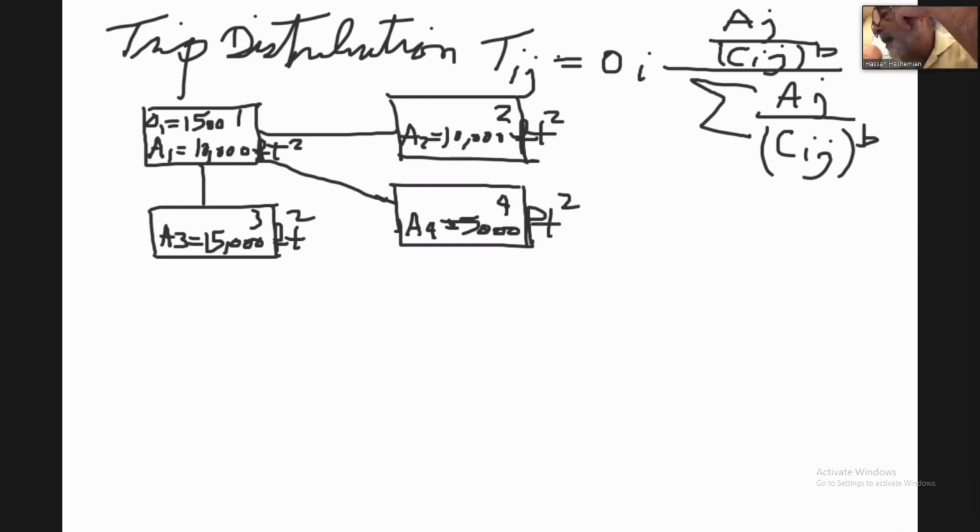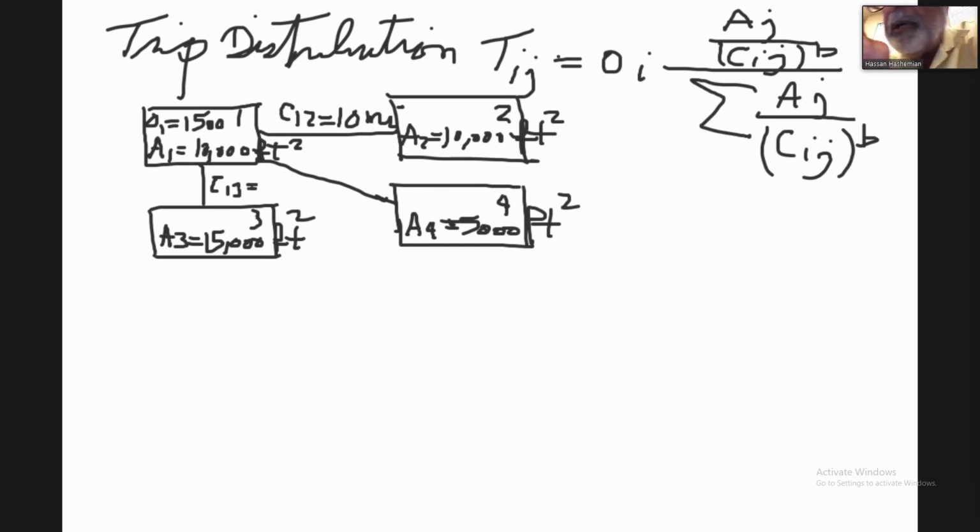Now, the distance between these zones: the first one, from 1 to 2, is 10 miles. From 1 to 3, which is C13, that is 5 miles.